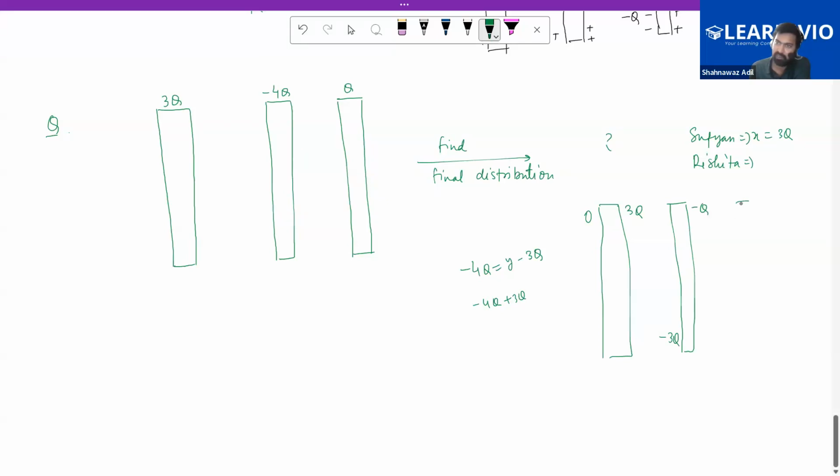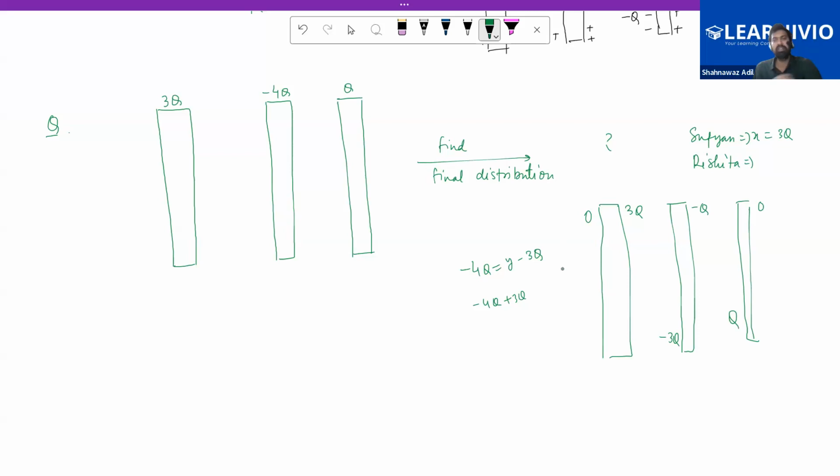Then if this is minus Q, this side is Q, and this side is 0. This would be the final distribution if X equals 3Q, right, Sufyan? Yes. Okay, so let's see what Rishita is getting.